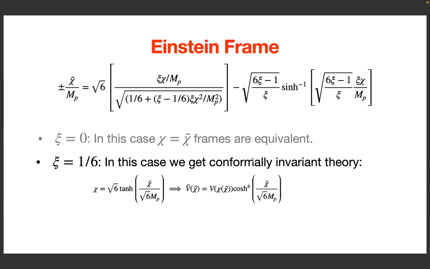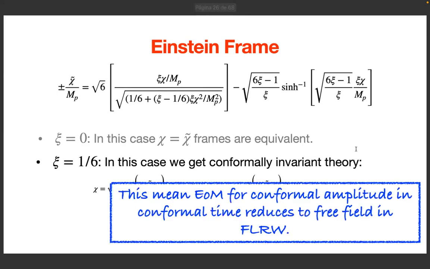But how to understand this? In a conformally invariant theory, if I write the equation of motion of the chi field in conformal time with this conformal amplitude, for the conformally invariant choice, c equal to 1/6, it behaves as a free field. So this is what it means in this case.